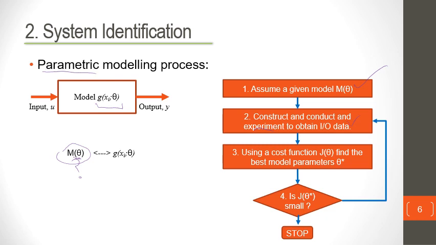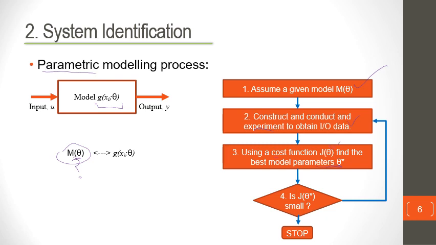We give it different types of inputs and we observe the output, and then based on that we try and find the parameters of the model structure that we have guessed, the parameter values which when we feed them into the data, give us the lowest amount of error.